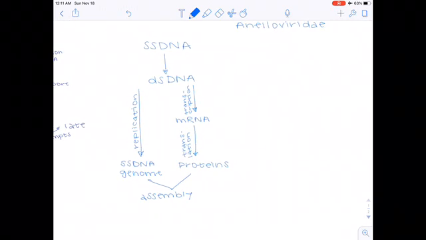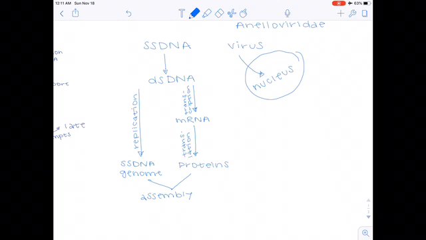So, basically they follow pretty much the same process as the double-stranded DNA. They're going to enter the host nucleus. So we have our virus will enter the nucleus and we'll go ahead and start replicating. The only difference is that DNA replication and transcription requires 2 strands of DNA.